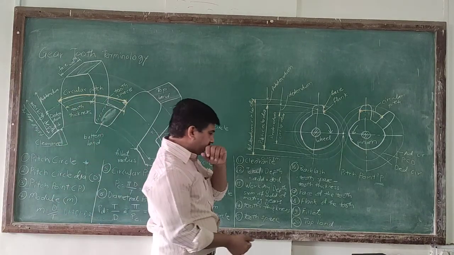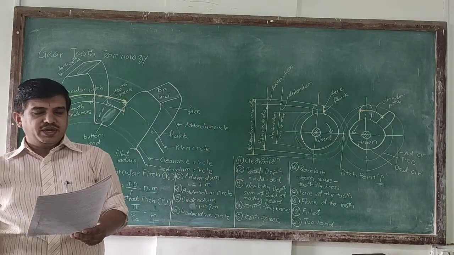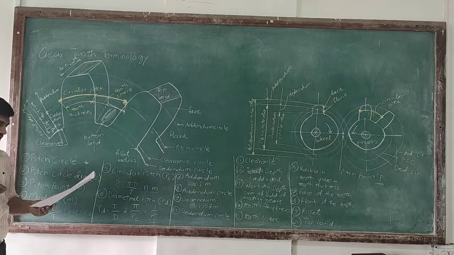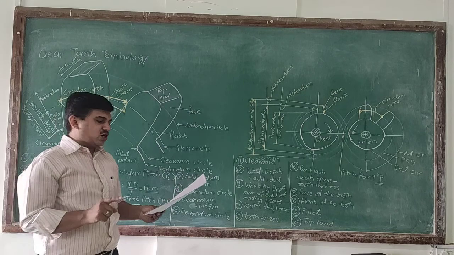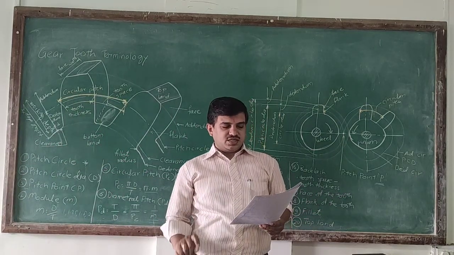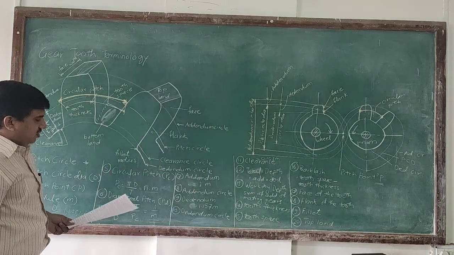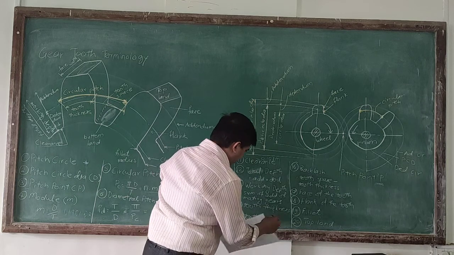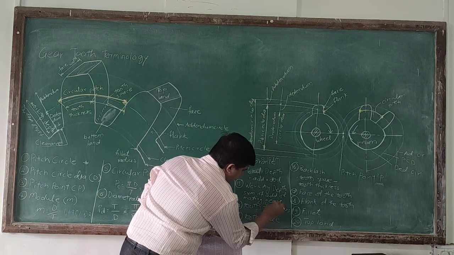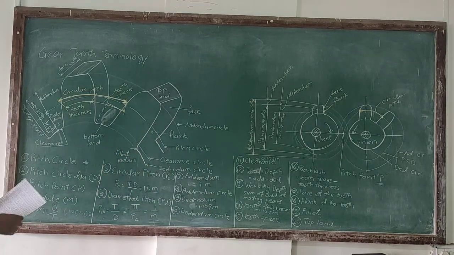So if you want to write a definition, it is the width of a tooth measured along the pitch circle. Basically, tooth thickness is equal to 1.157 module.